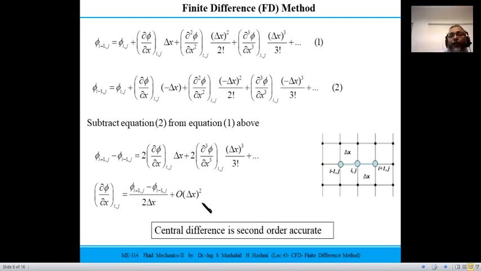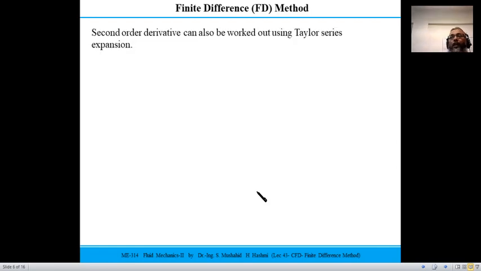We have seen that if you divide by delta x, you get 2 here as well as delta x whole square. So the more information you need to calculate the derivative, the advantage is more order of accuracy. It is second order accurate compared with the forward and backward difference.